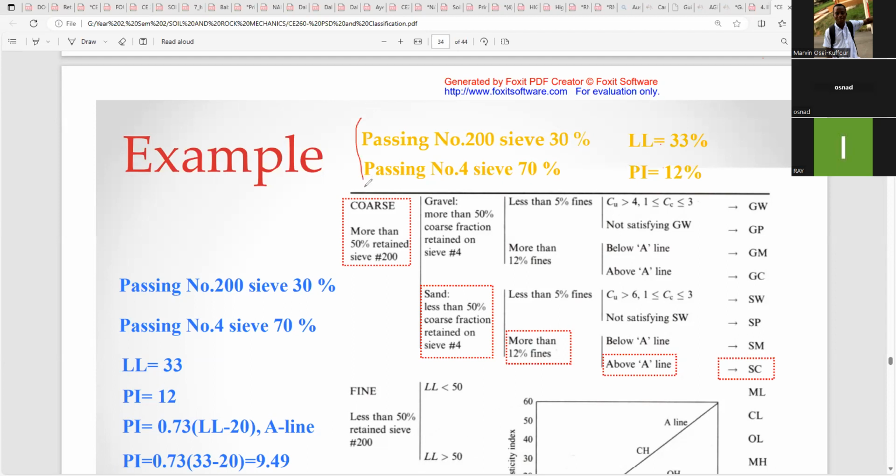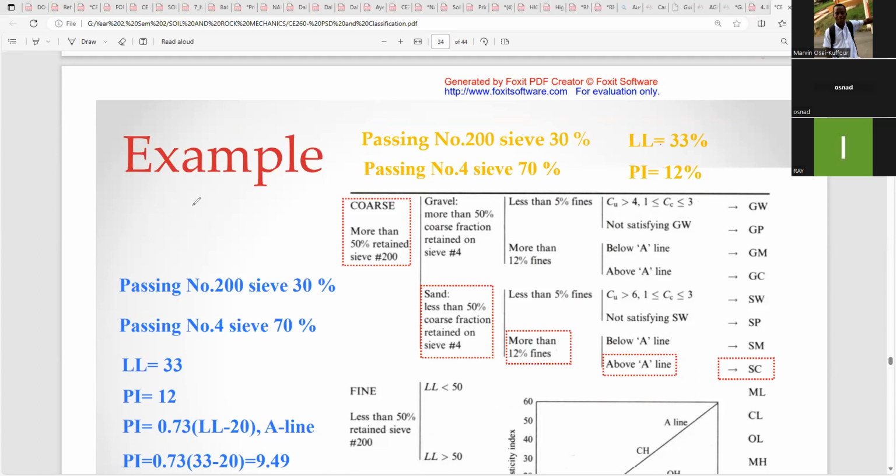So this result is coming from our particle size distribution that we did, the table that we did, percentage retained, and those tables. That's where these values are coming from. Okay, so with these values, they are going to help us classify the soil.